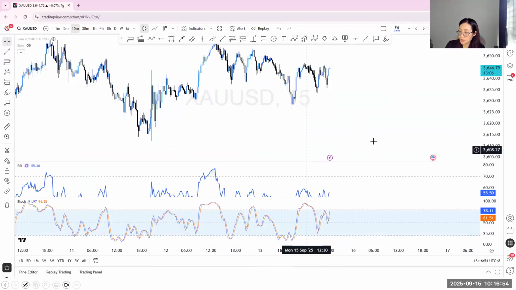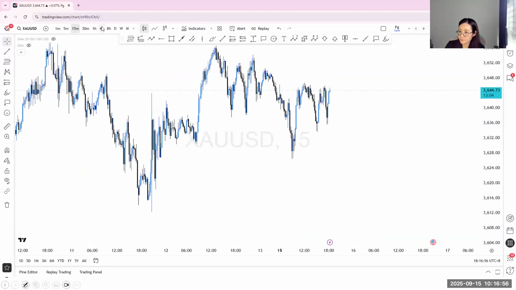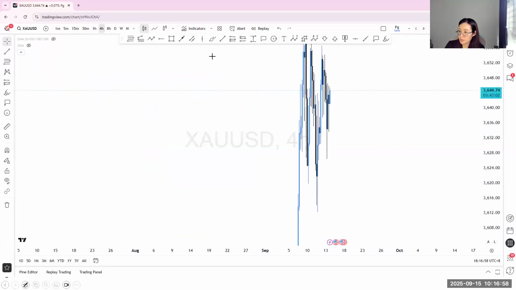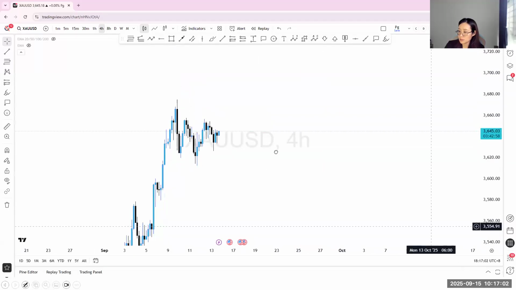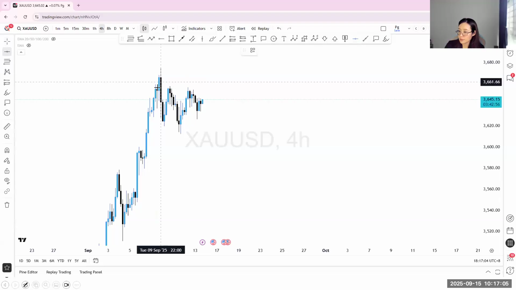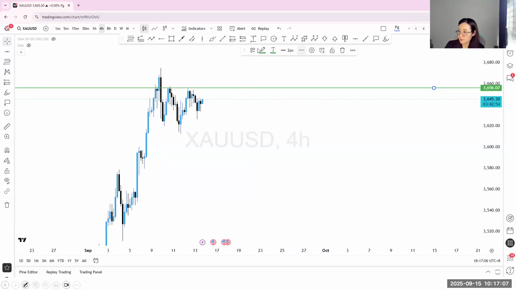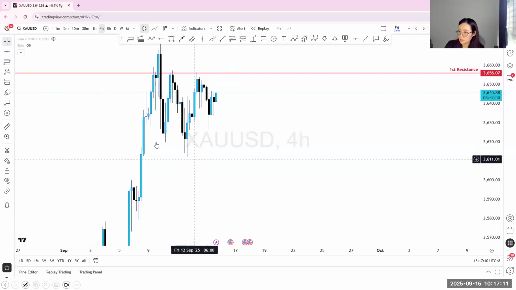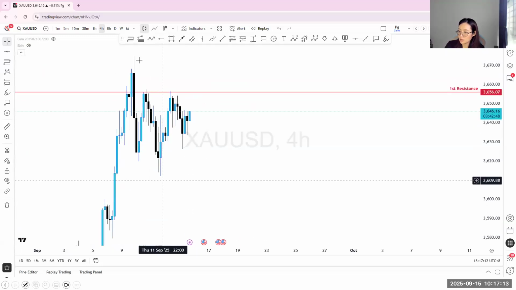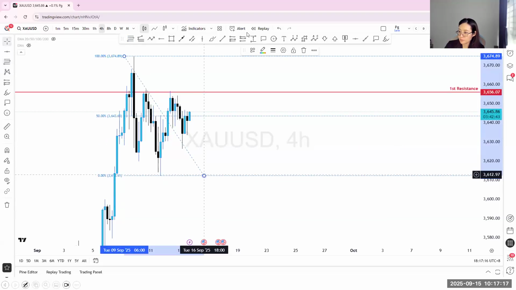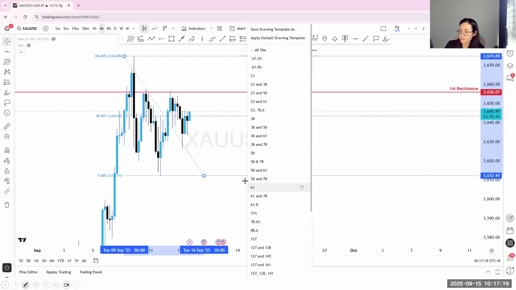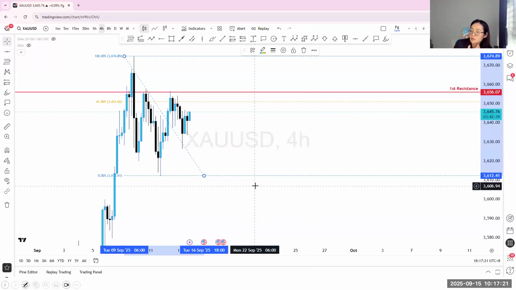Let's say we identify the key level based on the H4 time frame. I still think the same, this is my resistance level. And this is the high, this is the low. If I pull the Fibonacci like this, that's going to be the support zone.